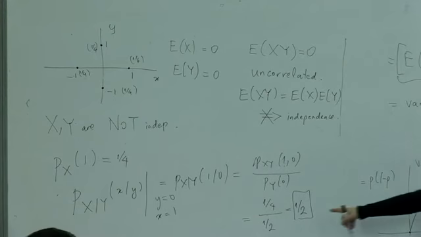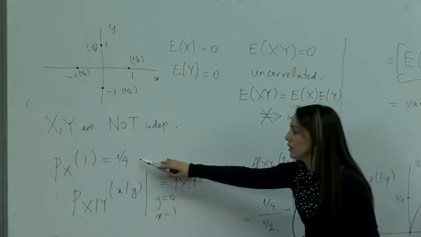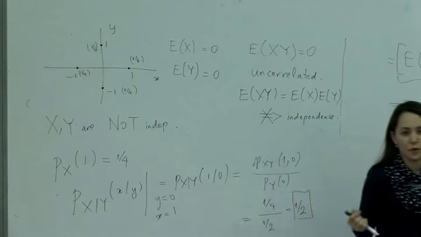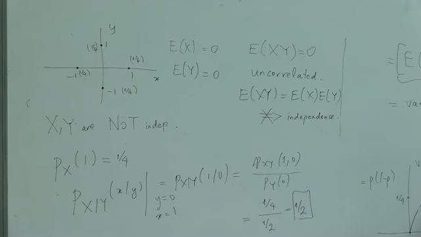On the other hand, the unconditional PMF of x at 1 is 1/4. So this shows us that conditioning on y changes the distribution of x.